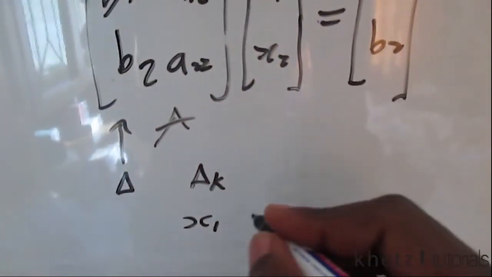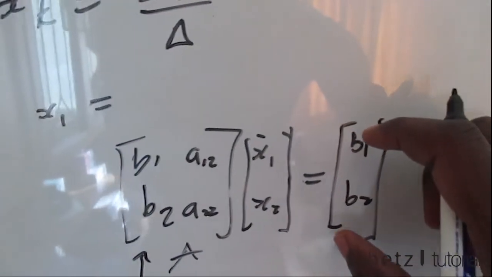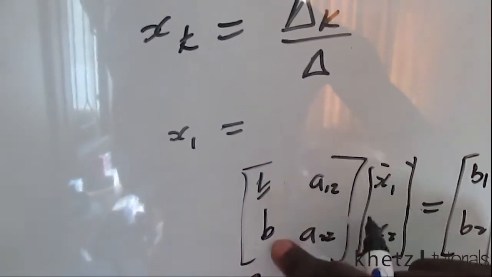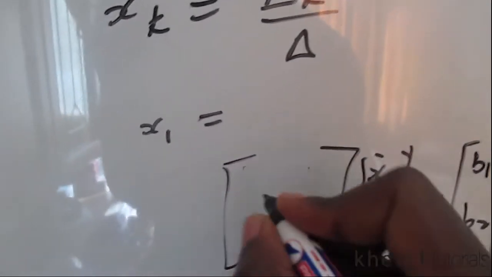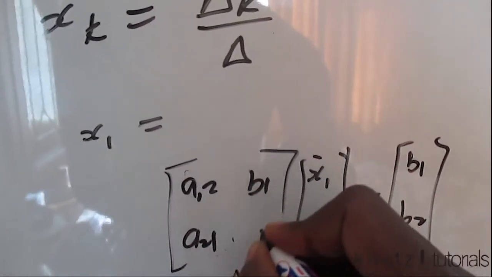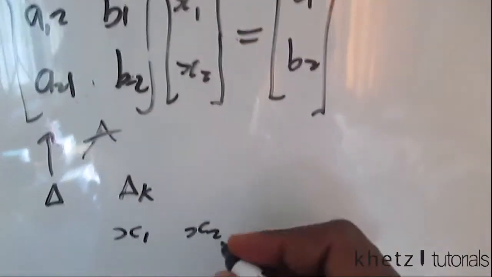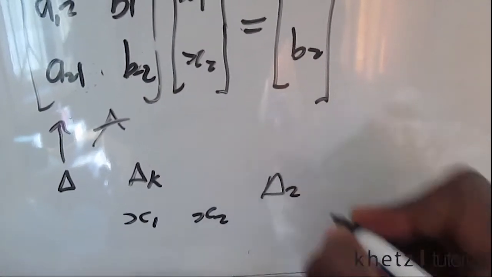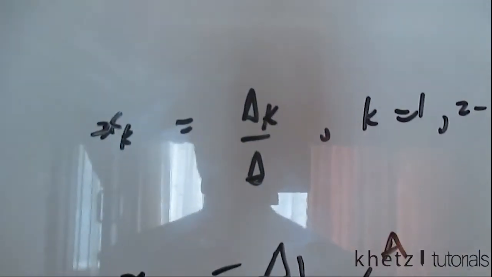If you want to find x2, you move this B matrix to the second column, which is over here. So you leave this column as it is, right? And you move the B column there and find the determinant of this, which is that delta 2. So that's basically what this means.